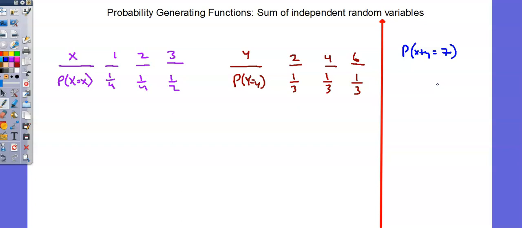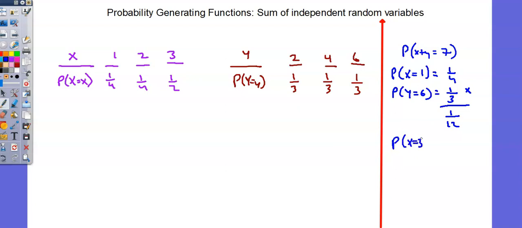X is 1 and y is 6. If x equals 1, which has a probability of 1 over 4, and y equals 6, which has a probability of 1 over 3, we can multiply to get the combined probability, which is 1 over 12. Another way this could happen is if x is 3 and y is 4.